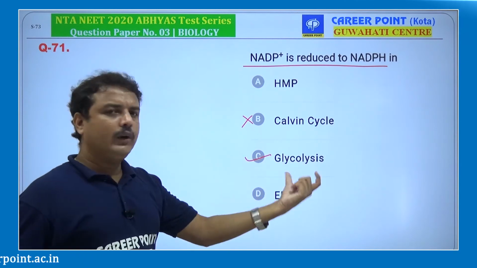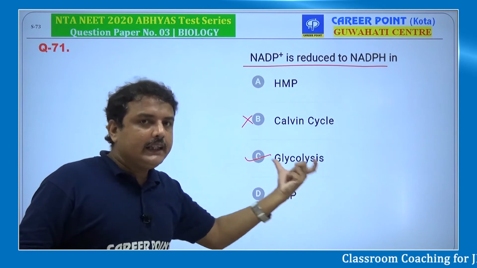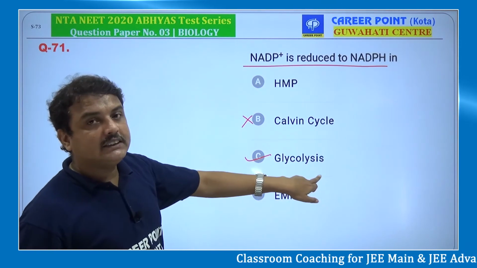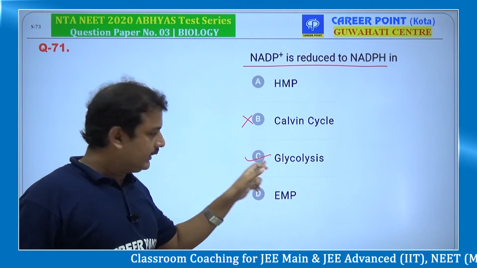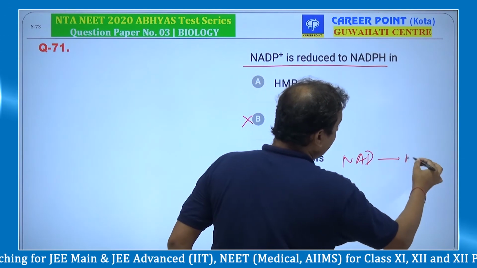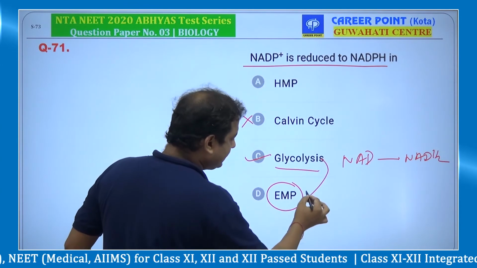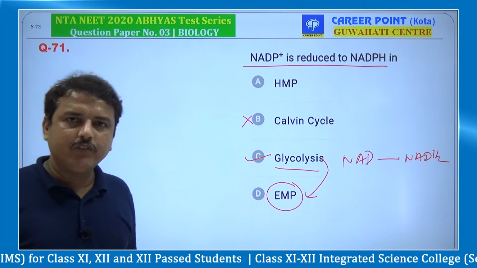In glycolysis it is NAD, not NADP. In glycolysis, NAD is reduced to NADH2. Another name of glycolysis is the EMP pathway, the Embden-Meyerhof-Parnas pathway.